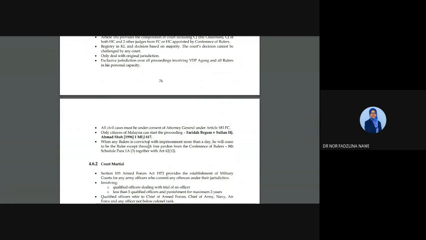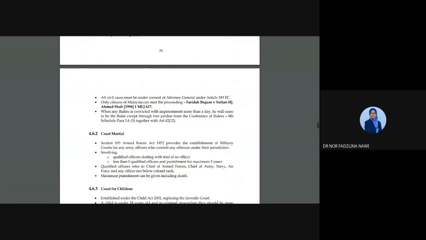For our cases, there was the case of Farida Begum, who sued the late Sultan Ahmad Shah at that time because of failure to marry, a breach of promise to marry actually. But because Farida is from Singapore, if I'm not mistaken, they couldn't bring the case under the special court.